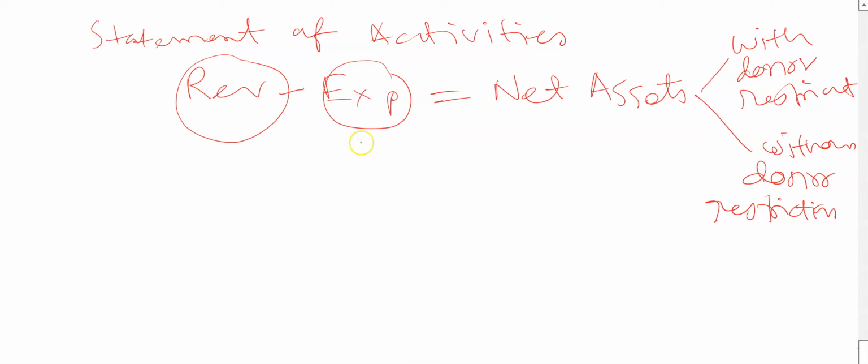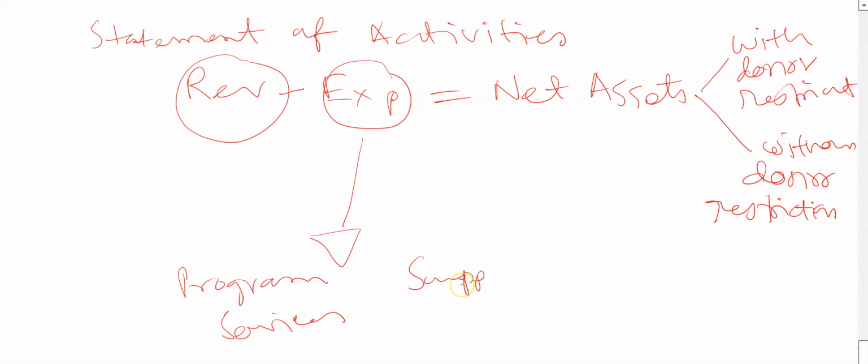And you already know expenses should be categorized into two parts, which are program service expenses and supporting service expenses.